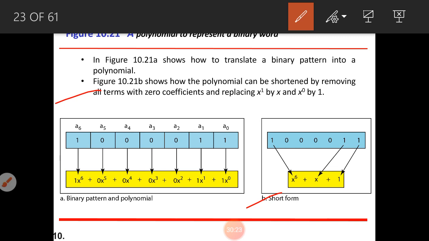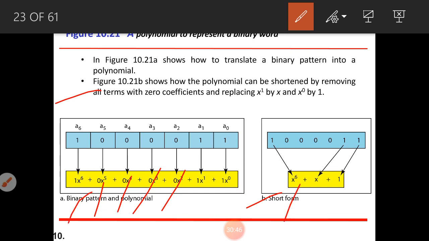Whatever the 0 coefficient terms are there, we need to remove all of them. The x raised to 5 is a 0 coefficient term, x raised to 4 is also a 0 coefficient term, x raised to 3 is also 0 coefficient term, and x raised to 2 is also a 0 coefficient term. Those we need to remove. And what is left here?